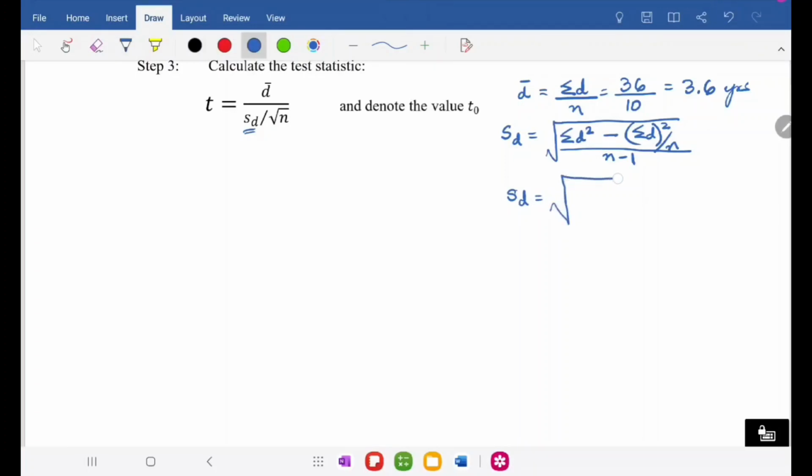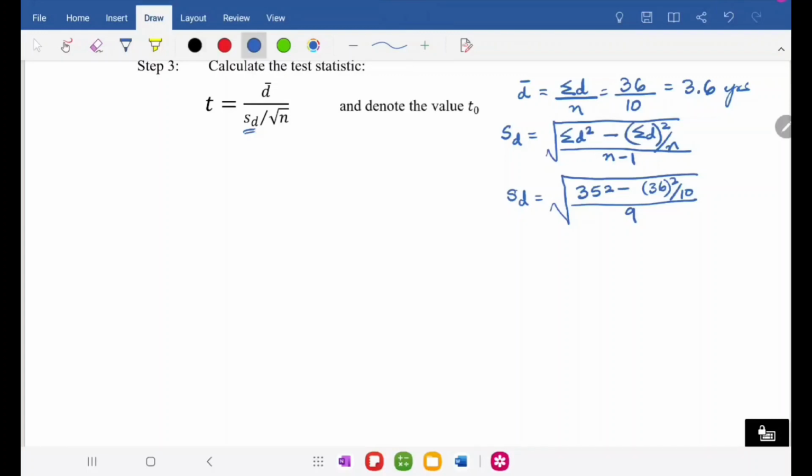S sub D is the square root of 352 minus 36 whole squared divided by 10, over 10 minus 1, which is 9.